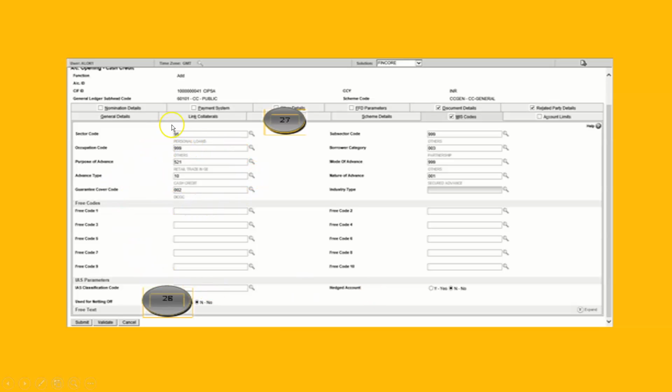So you get this MIS code here, various sector code, occupation code, purpose of advance, type of advance. All these are very, very important. And from the bank's point of view, please be very, very careful, because otherwise the bank will be getting a lot of wrong information, right? In some banks, they have this new code here for giving grace period for stock statement, here also in the system.